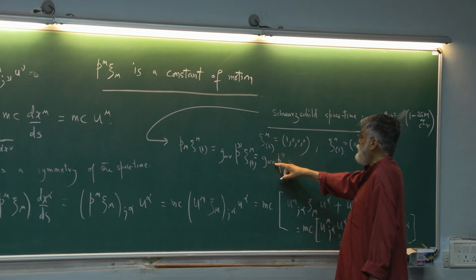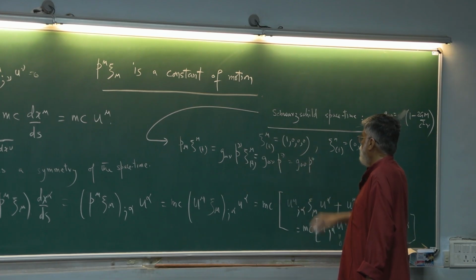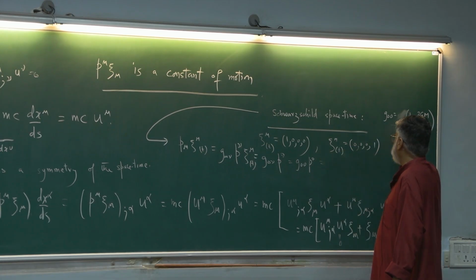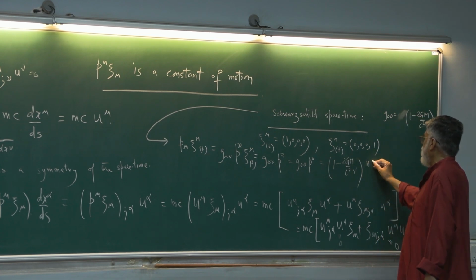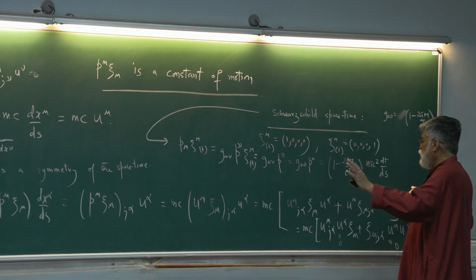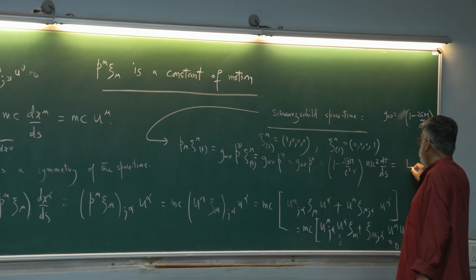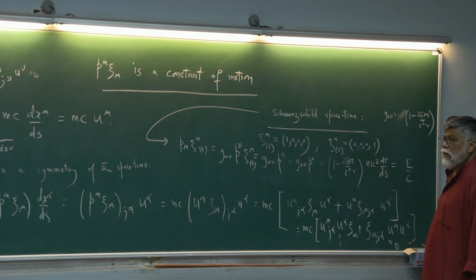And for the Schwarzschild space-time, the metric is diagonal, so nu is being summed over, so only G00 will come, P0. And G00 is 1 minus 2GM by c square r, and P0 is mc dx0, so mc squared dt by ds. This is a conserved quantity, and it can be identified with the energy divided by C.